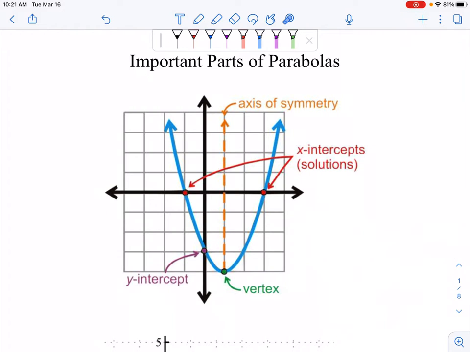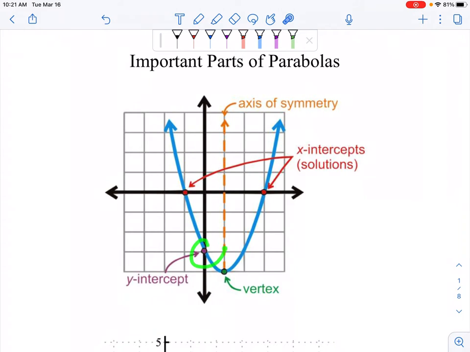That negative 2 and negative 1 were the zeros for our parabola, also called the solutions. So we said when our y value is 0, what are our x values? That's why we set it equal to 0. So when y is 0, what is x?